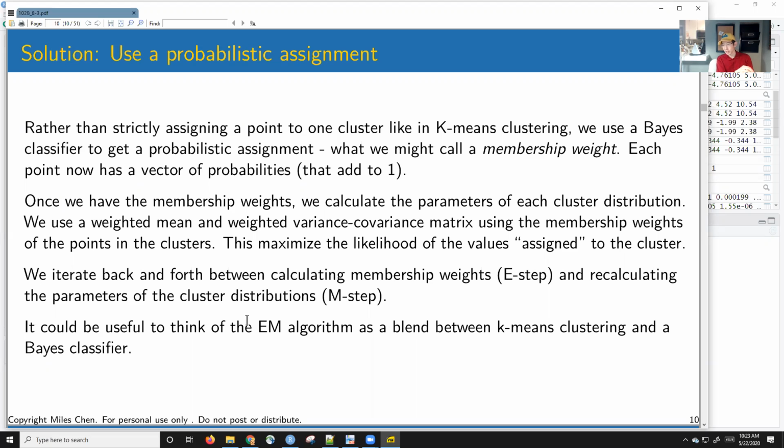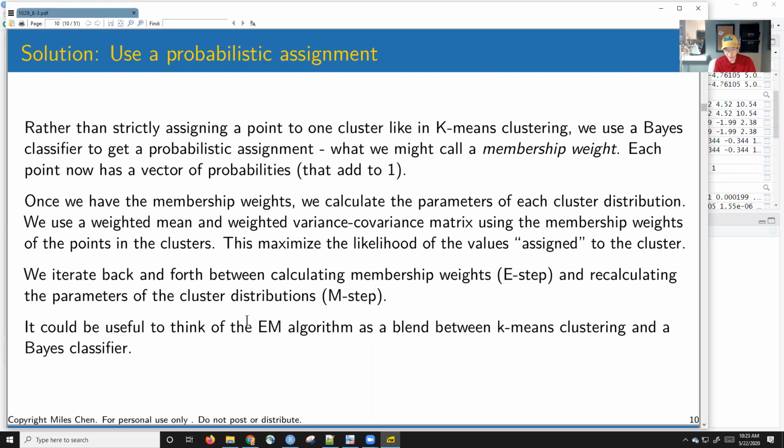Using the points assigned to that cluster, you recalculate the centroids. With the EM algorithm, you assign points probabilistically to all of the clusters using the Bayes classifier. And once you have those assignments, then you recalculate the means and variances. They're going to be weighted means and weighted variances.